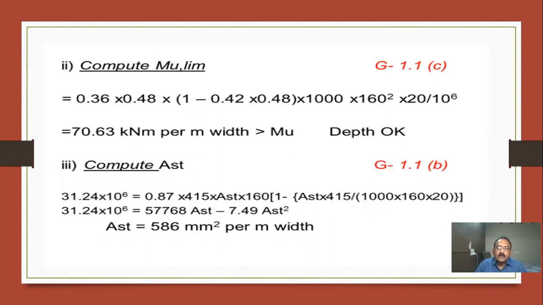These are all converted into mm, then converted into meter, with 160 effective depth, divided by 10 to the power of 6, to get kilonewton meter per meter width. This formula was already discussed in the beams.